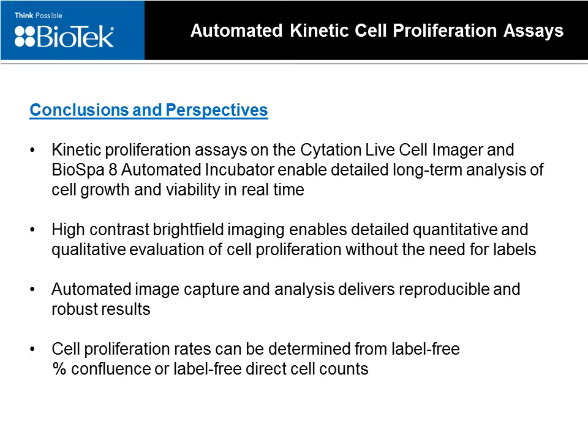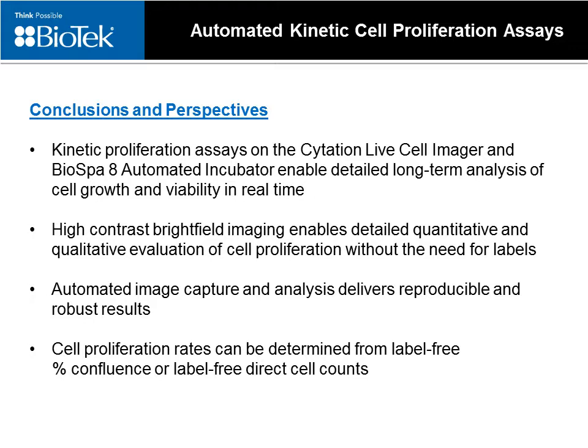So to wrap up this presentation, I'd like to just summarize a couple of the main themes. Firstly, kinetic cell proliferation assays really enable detailed and unique analysis of cell growth and viability, and they offer a range of benefits over single point and endpoint assays. High contrast bright field imaging is a label-free method for measuring proliferation that enables insightful quantitative as well as qualitative evaluation of cellular response.